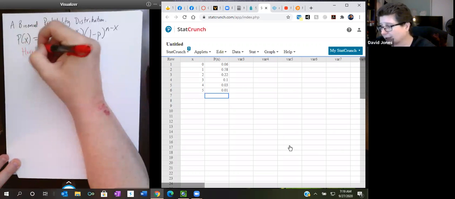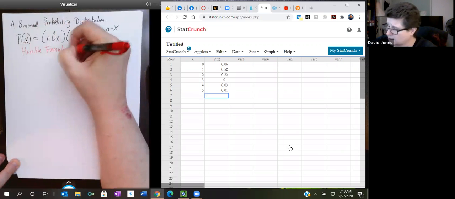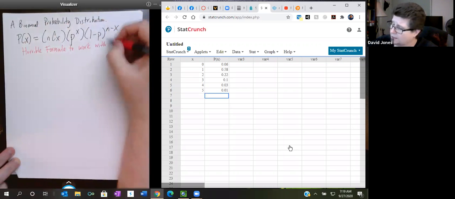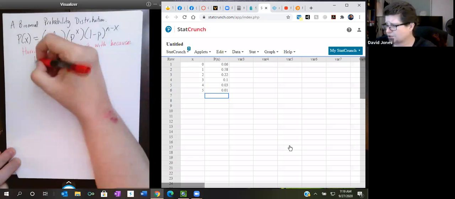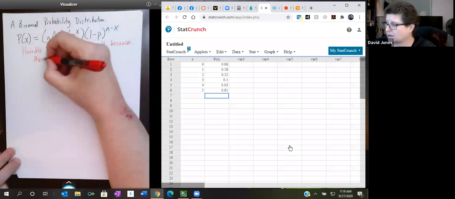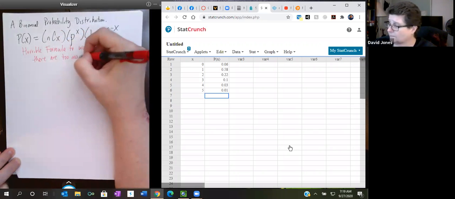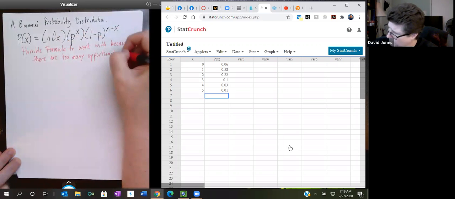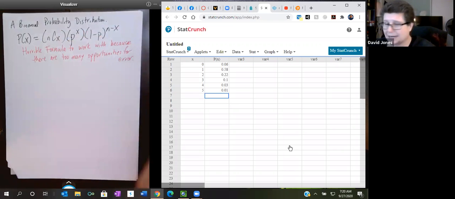Horrible formula to work with, because there are too many opportunities for error. You might enter it in the calculator.